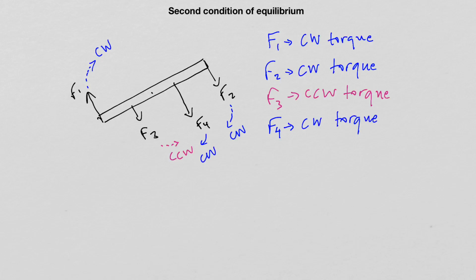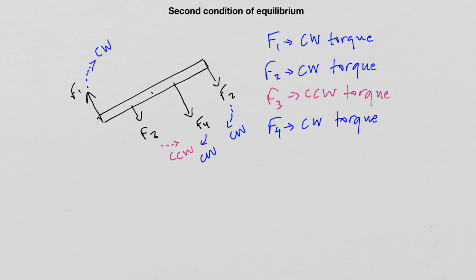Now, if I selected the axis of rotation at the right end of the meter stick right here, then the force F2 produces no torque because it's applied at the axis of rotation. F1 produces clockwise torque, and F3 and F4 produce counterclockwise torque.